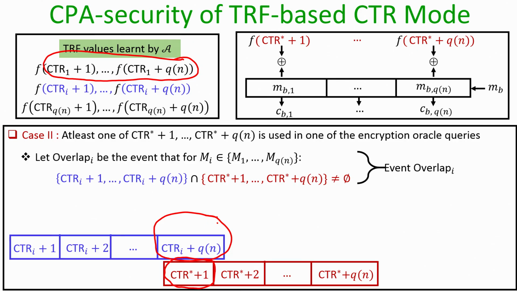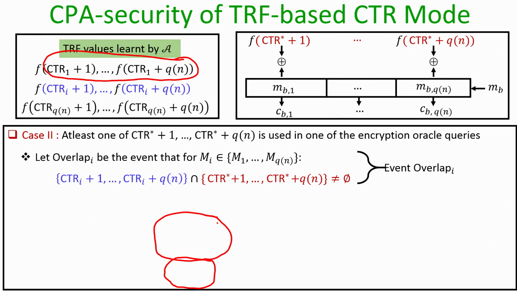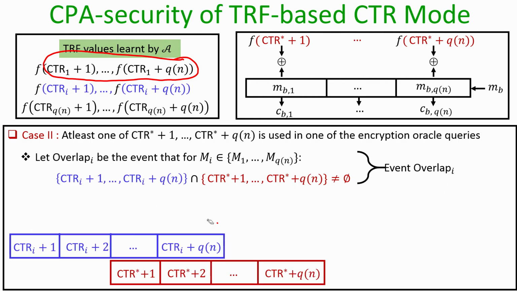That could be one way in which overlap could occur, right. Or it could be possible that the first two counter values which have been used to encrypt the first two blocks of the challenge plaintext overlap or are the same as the last two counter values which have been used to encrypt the last two blocks of the message MI.